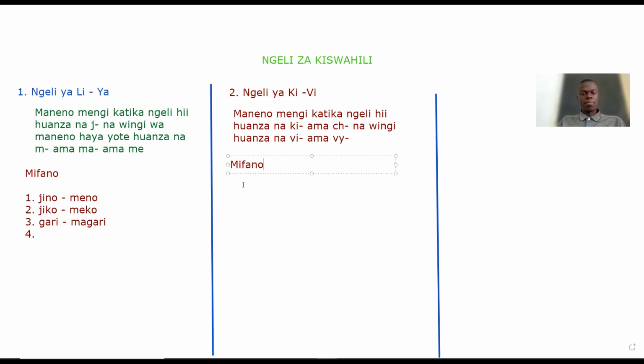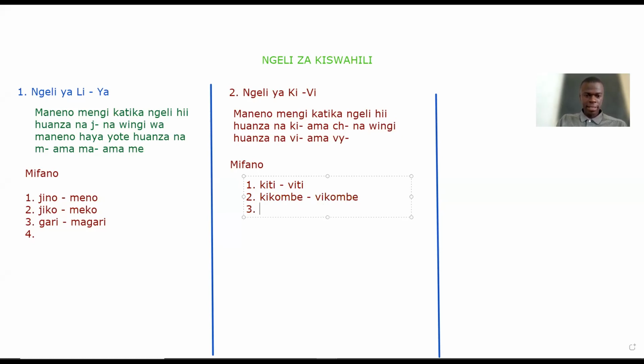So if I do an example here under mifano, I'll say number one, mifano naweza sema kiti, then viti. Number two, I can say kikombe. So kikombe, vikombe.